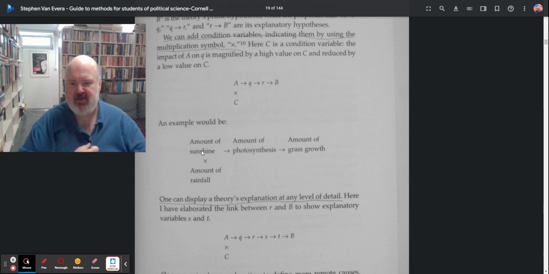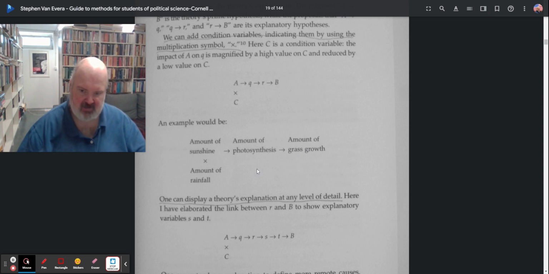The example would be amount of sunshine causes the amount of photosynthesis, amount of grass growth, right? So this with this causes this. This impacts that. But this impacting that causes this, which then causes that, right?